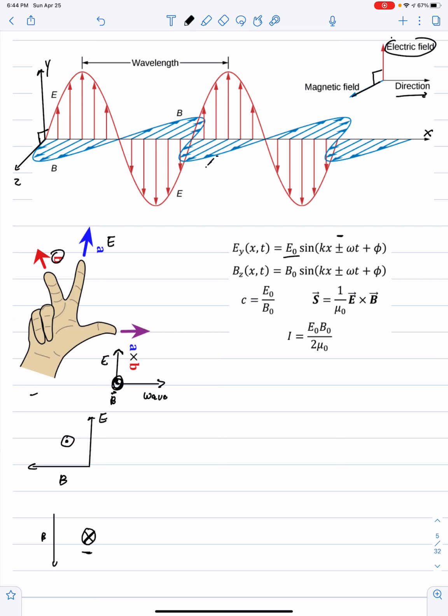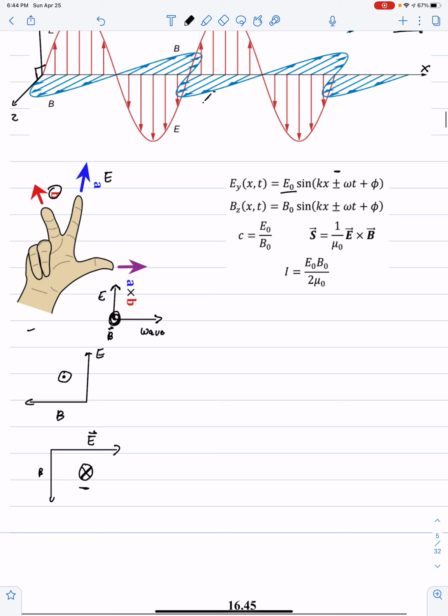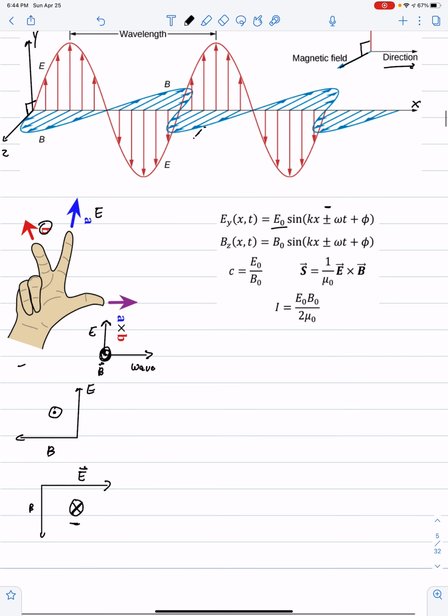So if the thumb is pointing into the page and your magnetic field, with your middle finger, is pointing down on the page, that means your electric field is being built in this direction. Okay? All right. Well, that's enough for the right-hand rule for now.